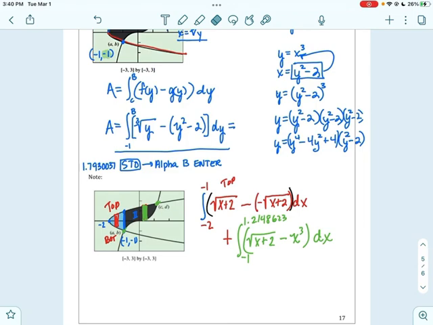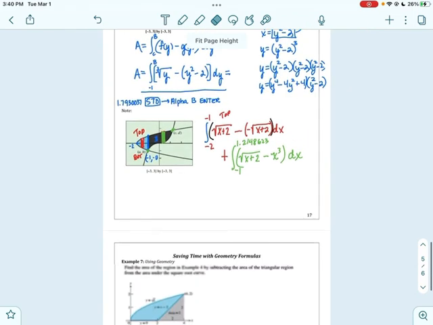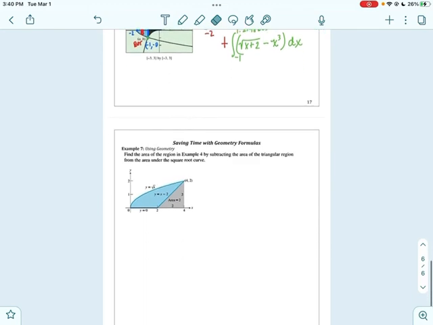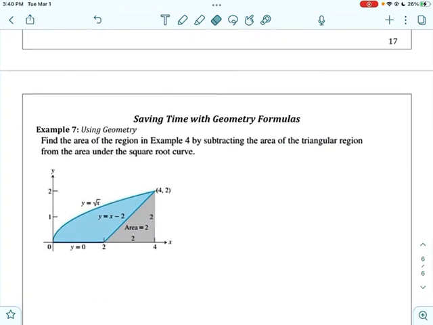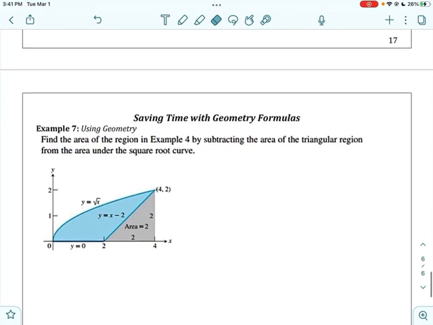All right, so we have one more here, and this one just illustrates the idea, and I'll let you handle this on your own, and we can talk about what you get for an answer. But keep in mind, with geometry, you can do some different things where you can do the integral of the square root of x dx. Here's your rectangle, right?